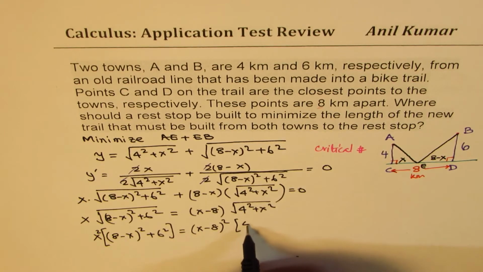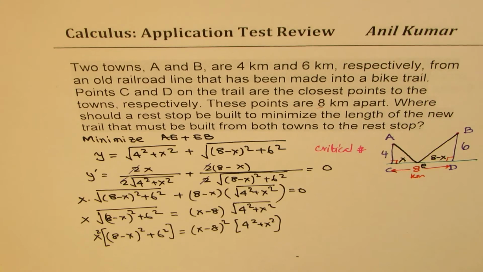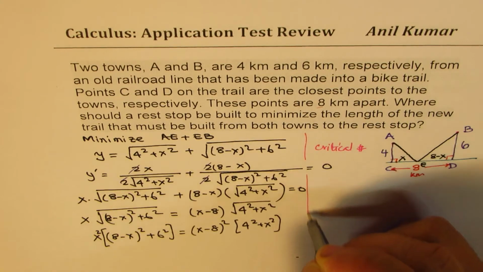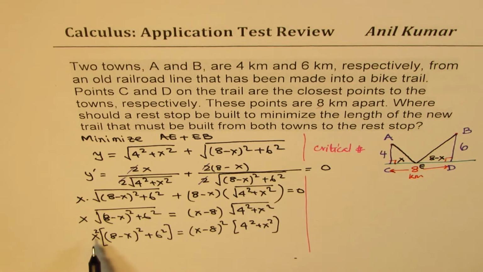And we get 4 squared plus x squared. Perfect. Now, a lot of calculations are involved in these questions, and normally you need one full page to solve. I'll try to squeeze it in. So we have x squared times all this.